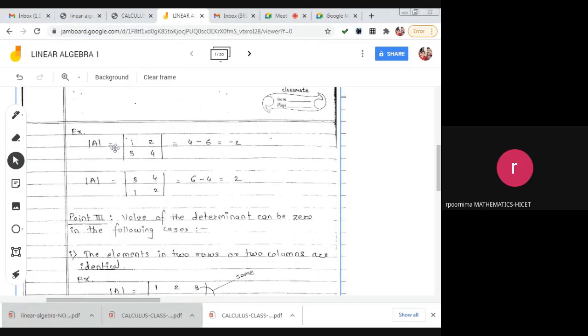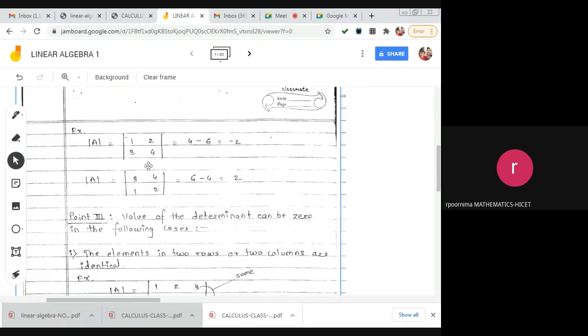Then determinant of A is 1 into 4 minus 3 into 2, which is 4 minus 6, that is minus 2. Then changing the rows to 3, 4, 1, 2, we get 6 minus 4, which is plus 2. So if you are interchanging the rows, you get a negative sign, multiplying by minus 1.